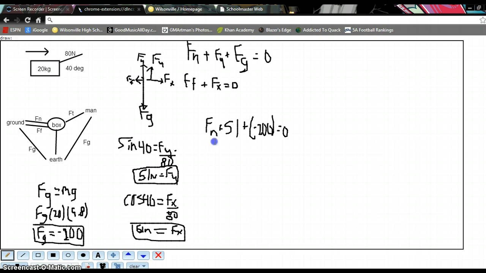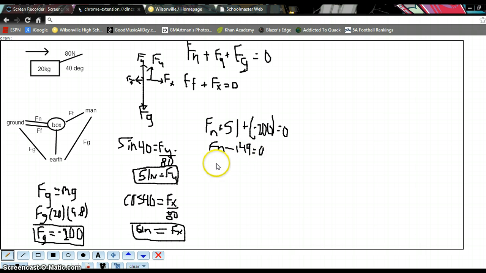When you add those two together, you get F normal force minus 149 equals 0.